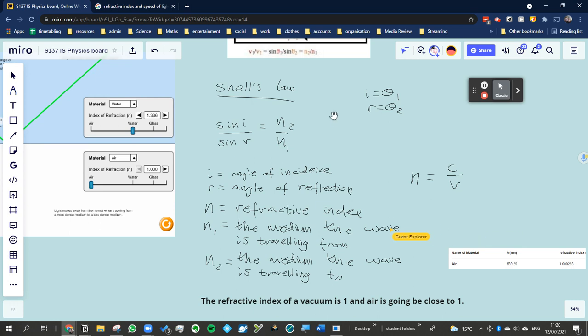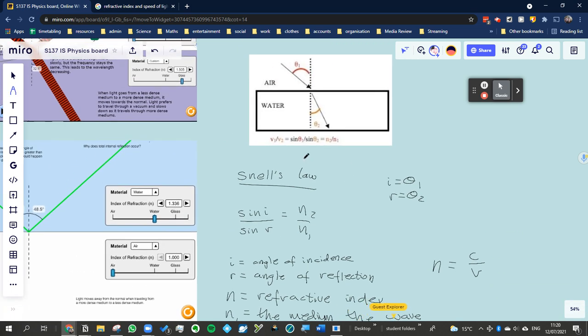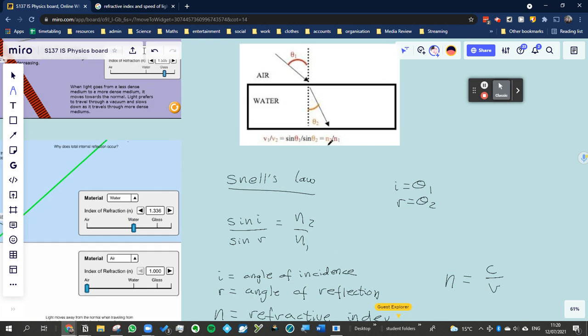You can also look at the relationship using this one here. V1 over V2 is equal to sine theta 1 over sine theta 2. In this case, theta 1 is the angle of incidence and theta 2 is the angle of refraction. And that is also equal to the second refractive index over the first refractive index.